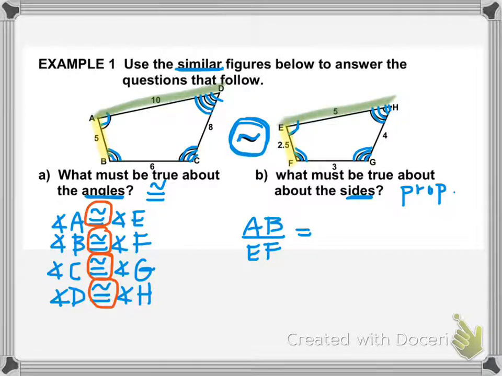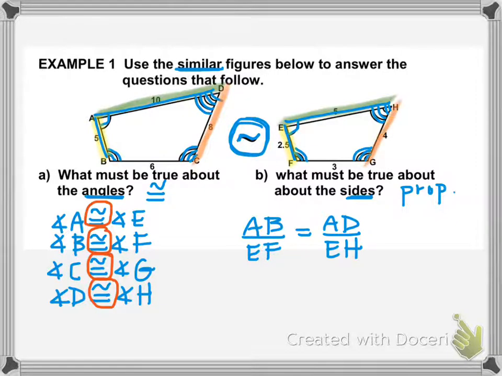So maybe we'll say that's equal to the length between A and D compared to the length of EH. Okay, sorry, EH. My mistake. Okay, so look again. AB over EF equals AD over EH. Okay, we've got two other pairs of sides also.